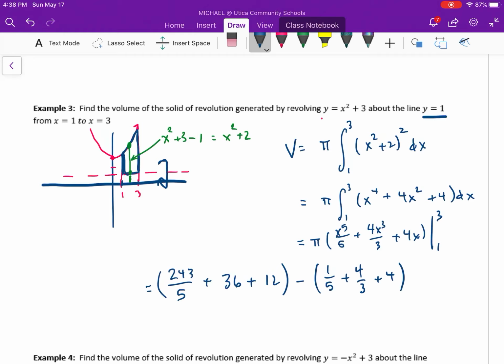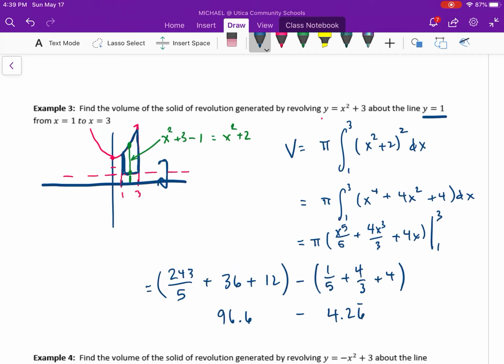Again, I'm going to use the calculator. This is 96.6. This is 64/15 or 4.26 repeating.